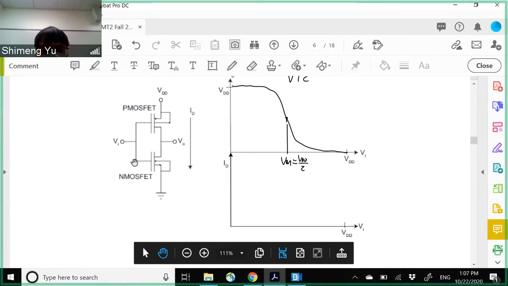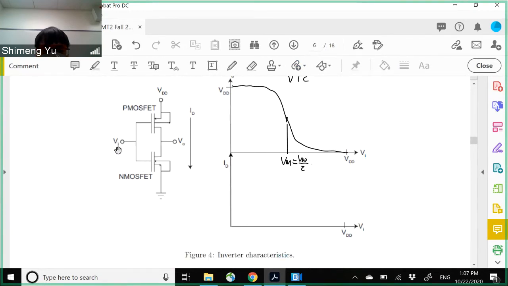When the input voltage is low, the NMOS is off, so the current will be 0. Until the input voltage is larger than the threshold voltage of the NMOS, then the current will increase. As the input voltage further increases, the current will further increase. When the input reaches the VM point, the current should reach the maximum.